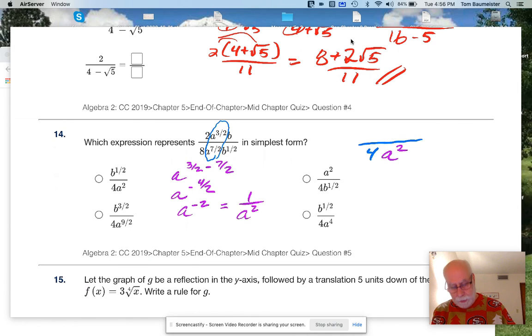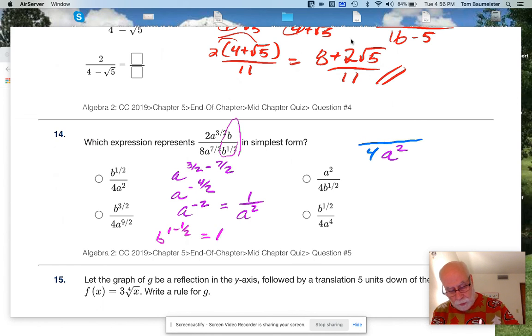And let's see, our last one here is our b. Let's see what's going to happen with that. If I do the b's, I have b to the 1 minus 1/2. When the bases are the same, I can subtract the exponents.